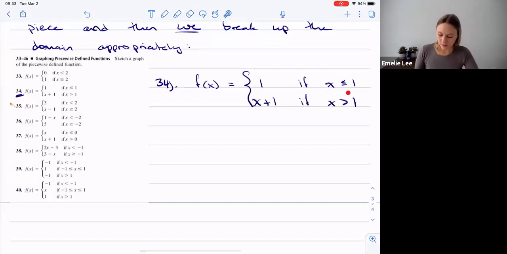Okay. Notice that all the values of x are defined, right? So here, if it's less than or equal to 1, and here if it's greater than 1, so it picks up just after 1, okay?